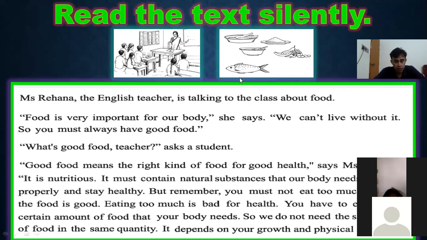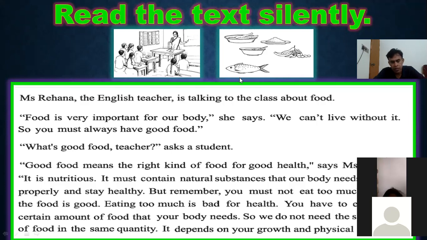But remember, you must not eat too much. That should be too, not two. That should be too, with the double o. But remember, you must not eat too much, though the food is good.